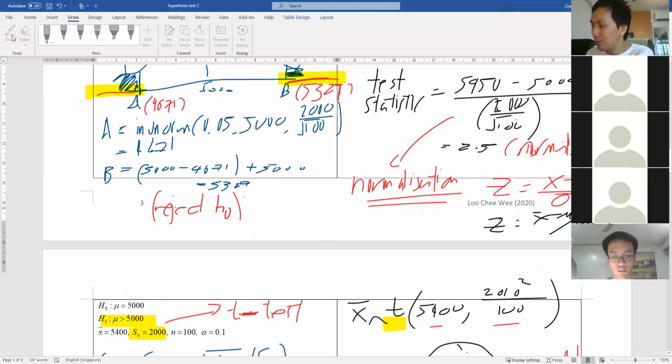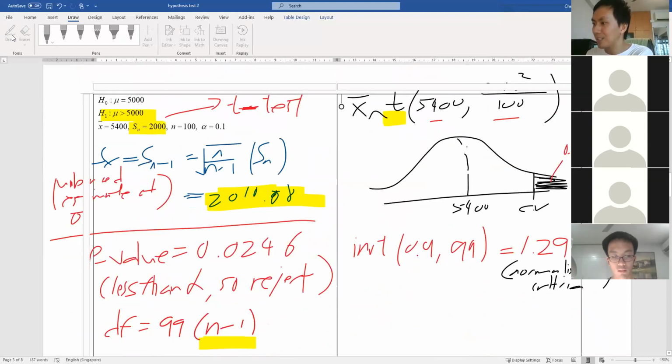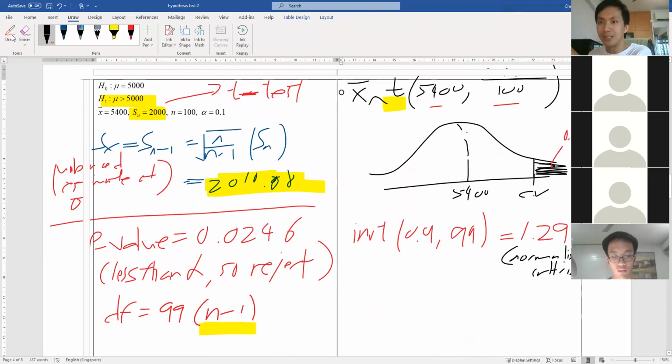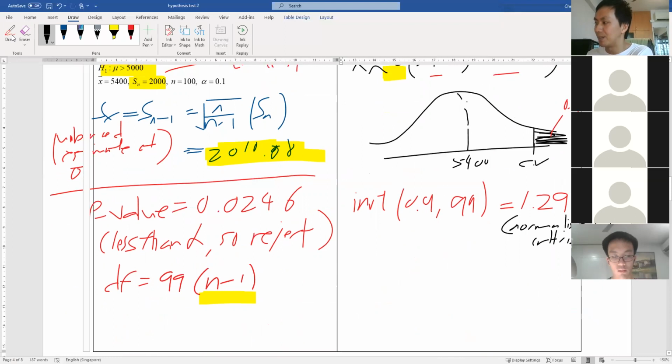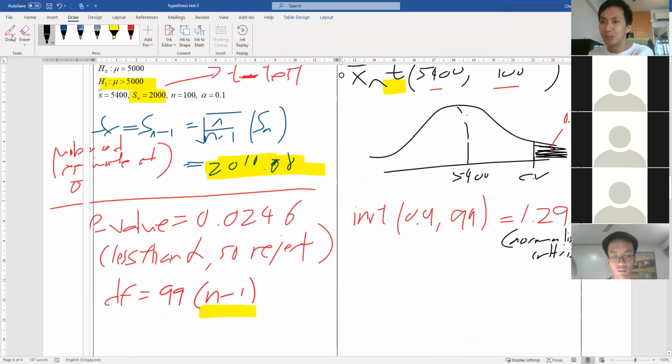But if you're operating on the T curve, the GC only recognizes one T curve. There is the basic T curve, the one with the center 0, because the GC has got too many things to handle pertaining to the T curve already. It needs to handle the degrees of freedom, which is a very bothersome thing computational wise.